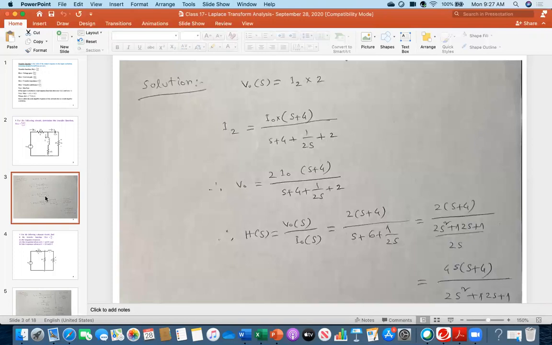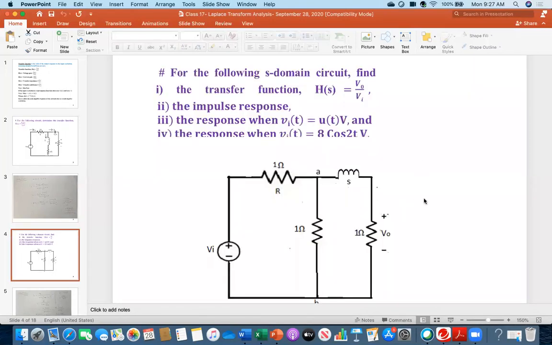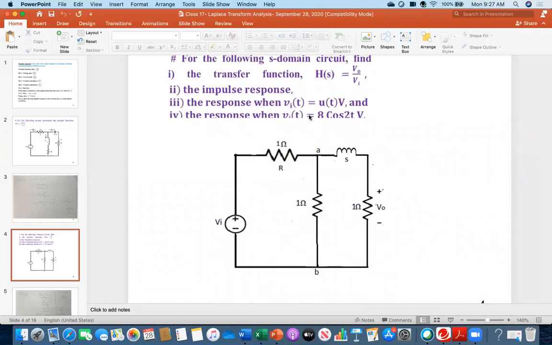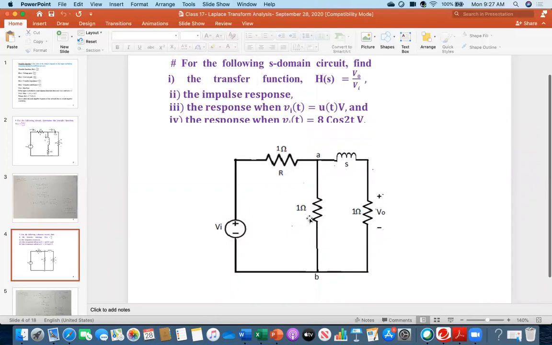Okay, so now let's have a look at the next problem. Everybody see, there is another problem here. Read the problem. For the following S domain circuit, again it is in S domain, find the transfer function H(S) equals V0 over Vi. In this case, this is 1 ohm, this is 1 ohm, this is S, and this is 1 ohm.